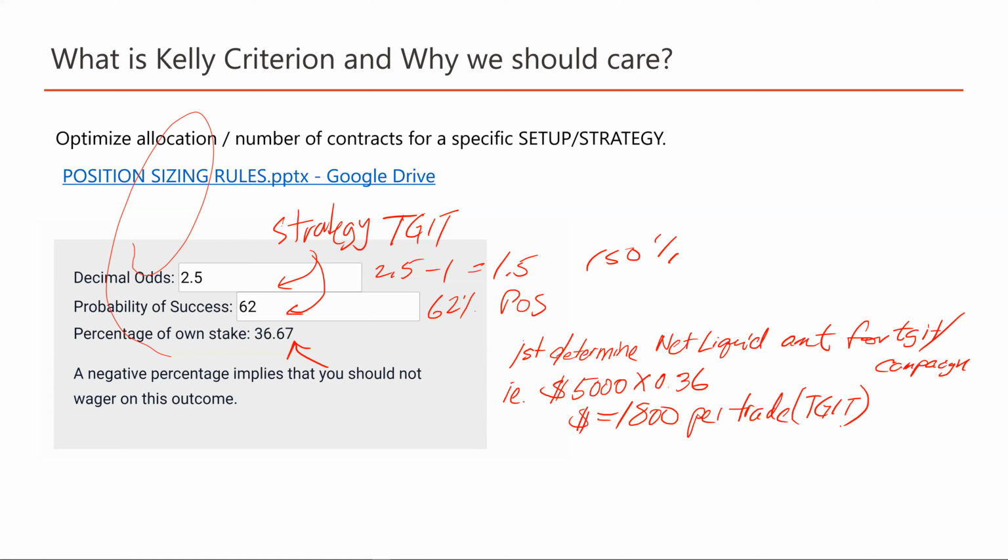And then you would say, oh, gosh, Roger, that's like too high. Because Roger, I'm not like as good as you. And if I draw down from 1,800 to $900, I'm going to get pretty sad.